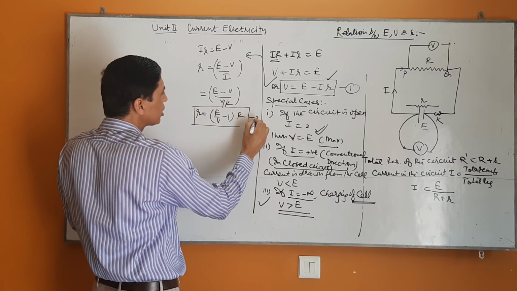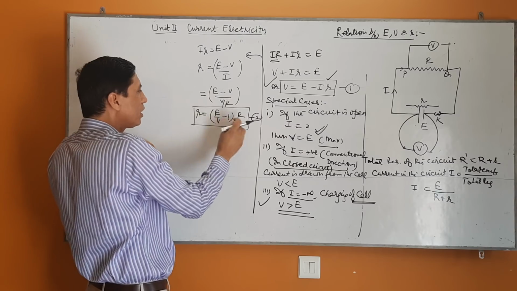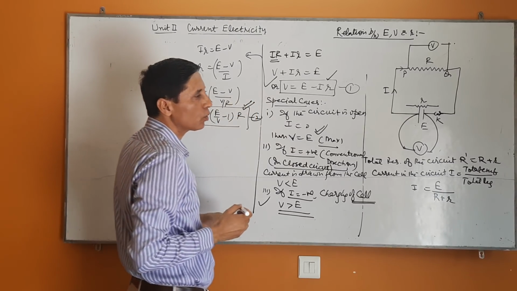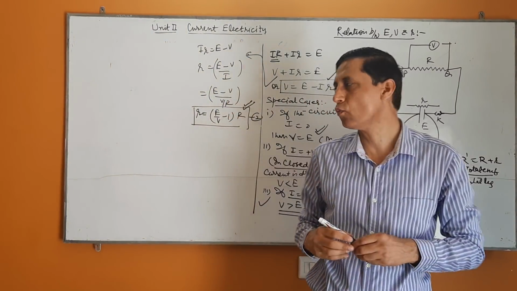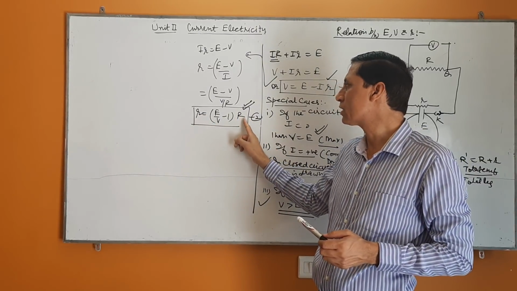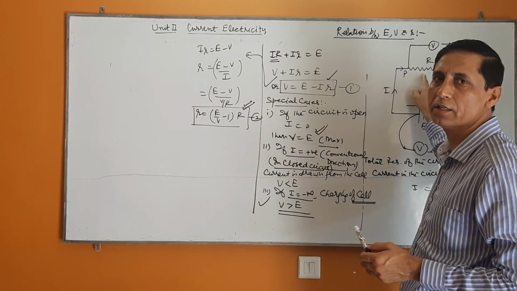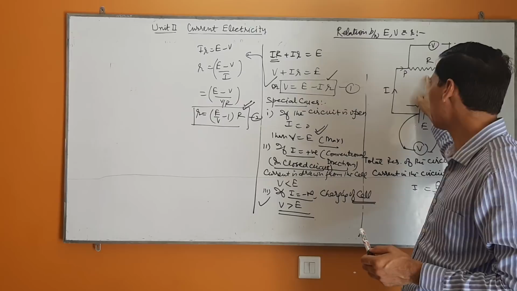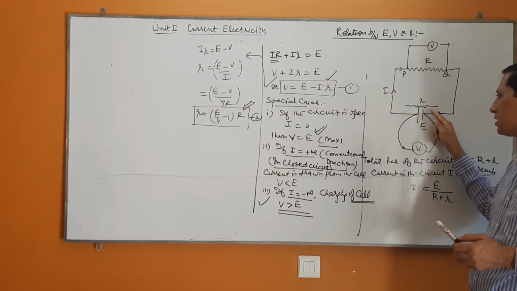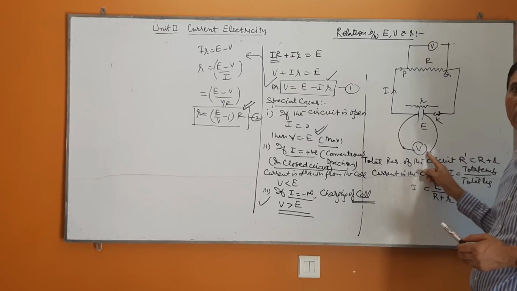By rearranging the terms, putting I equal to V by R, we can derive this relation. This small r is the internal resistance, this capital R is the resistance connected from outside, the external resistance. E is the EMF of the cell, and V is the terminal potential difference of the cell.